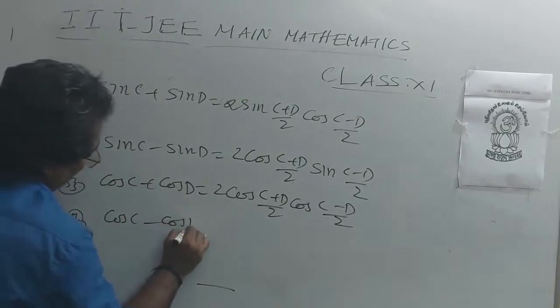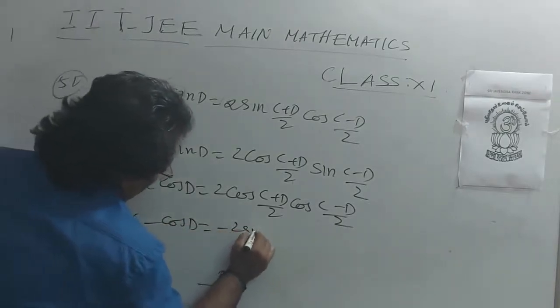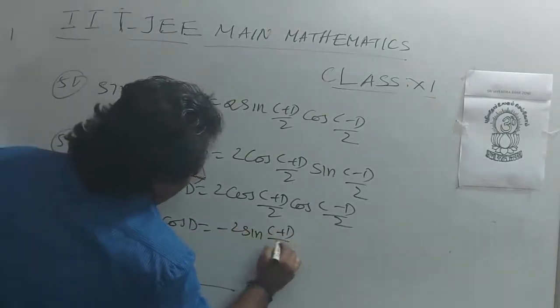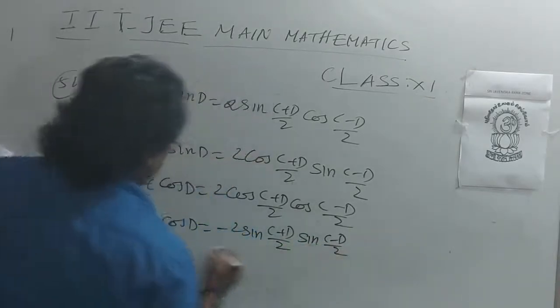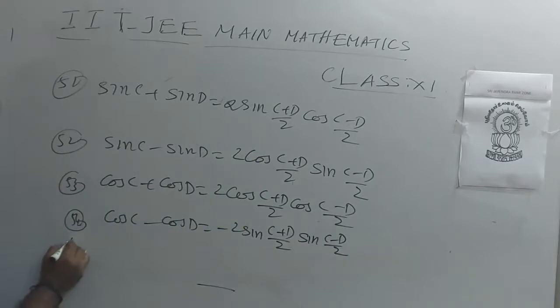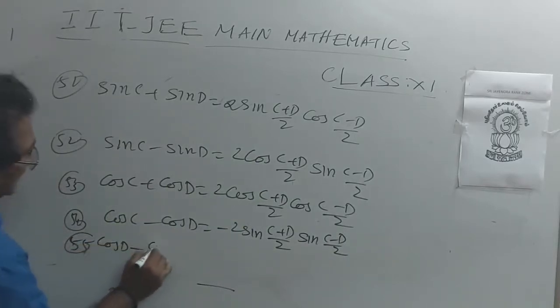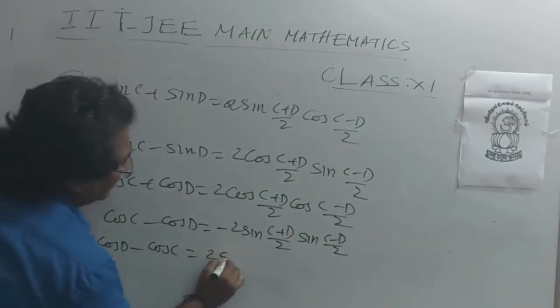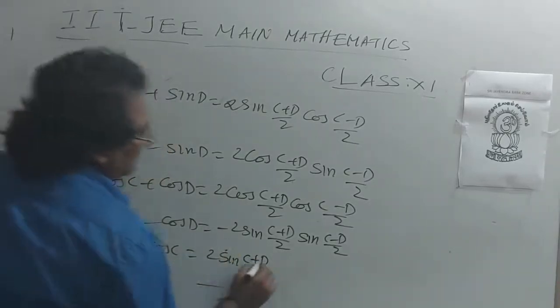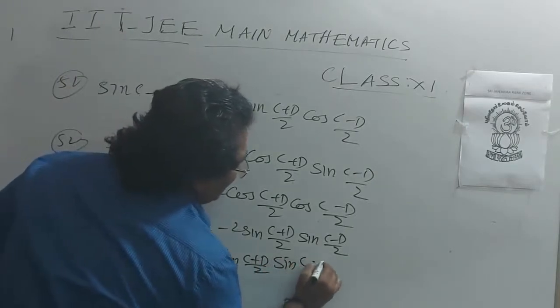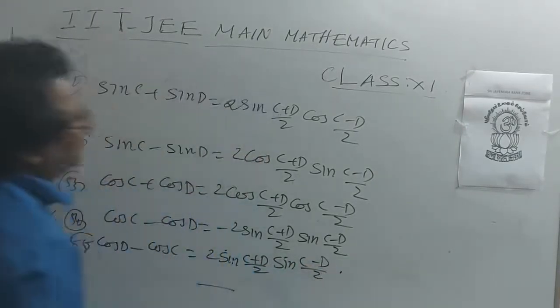Cos C minus cos D, minus 2 sin C plus D by 2 sin C minus D by 2. Cos D minus cos C, 2 sin C plus D by 2 sin C minus D by 2.